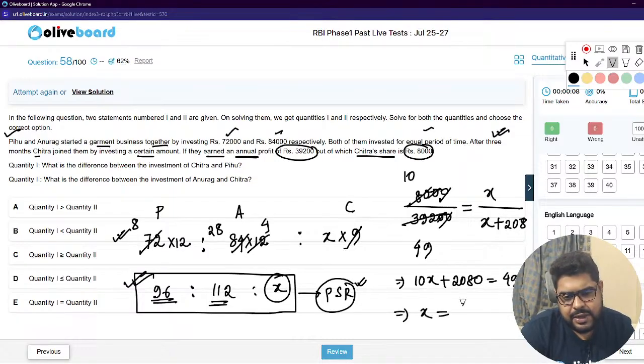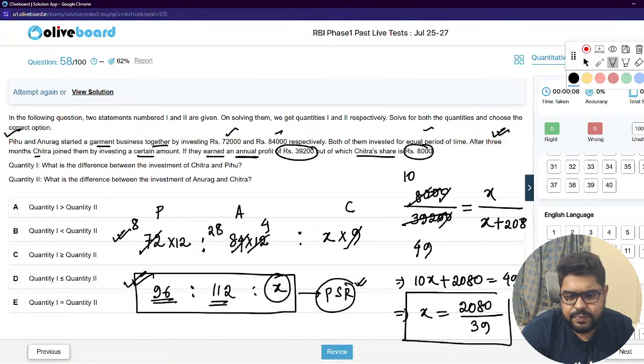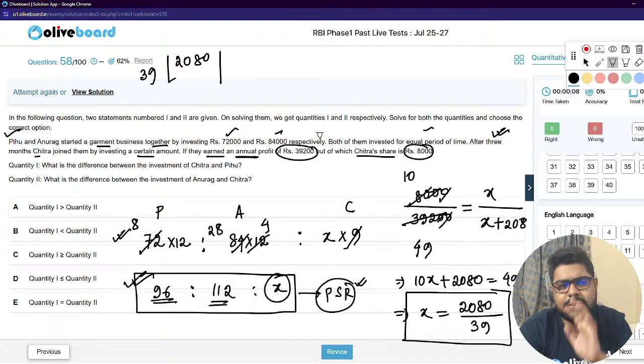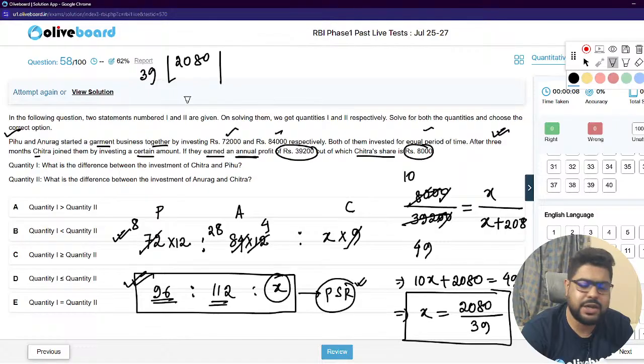So x is equal to 2080 by 39. Perfect. So if you do this, sir, just a rough calculation, 2080 by 39, this is what we would have saved, the way I was talking about.